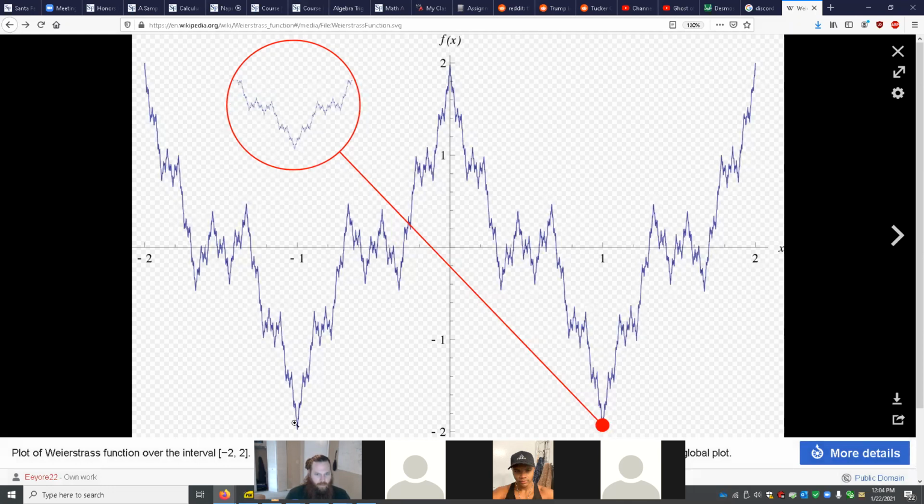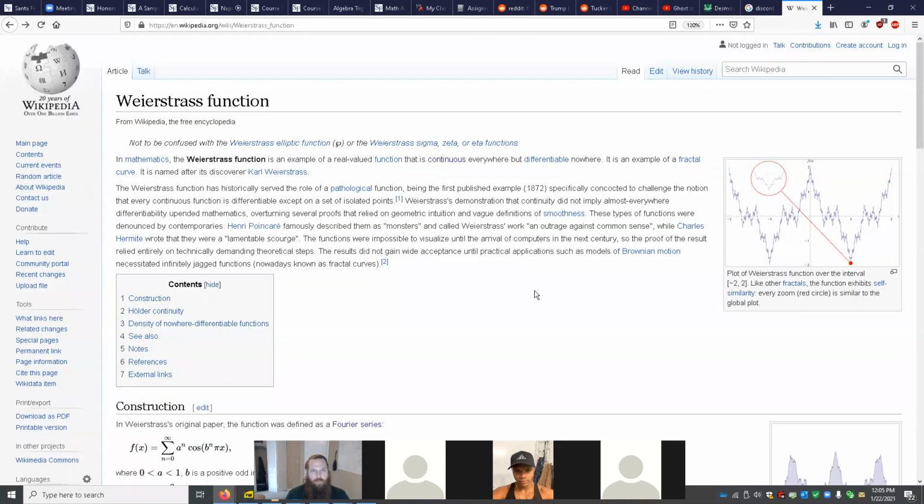So you might think that this little bit down here looks like it might be a straight line before I get to that peak, but it's not. If you zoom in, even the part that looks straight from far away is made up of infinitely many jagged little peaks. This function is continuous at every real number, but it's differentiable nowhere. So this is a pathological, or maximally pathological, counterexample to that tempting theorem.